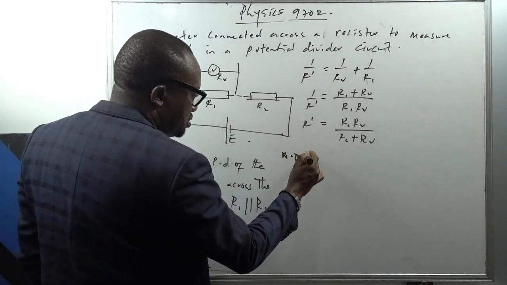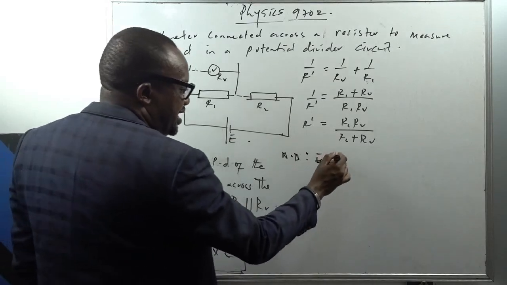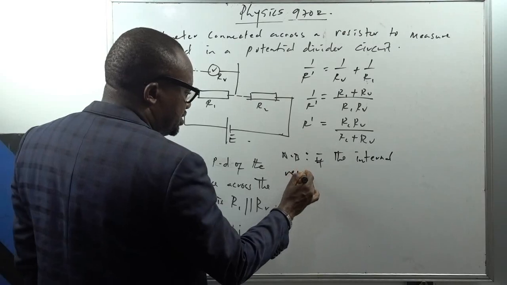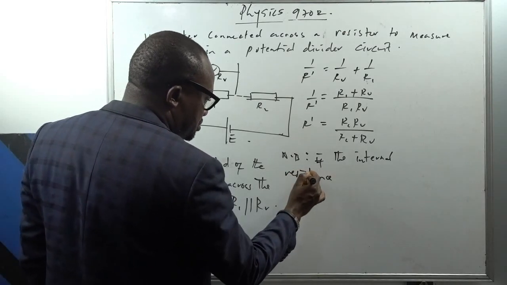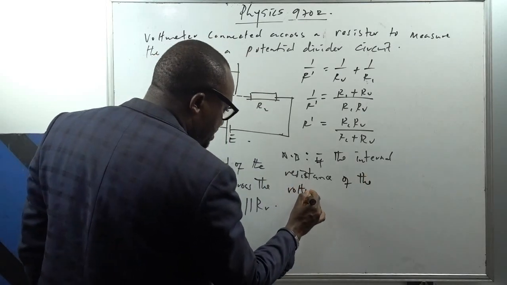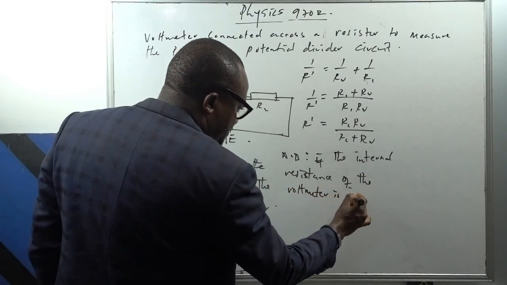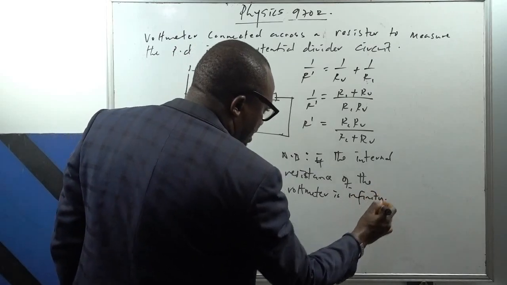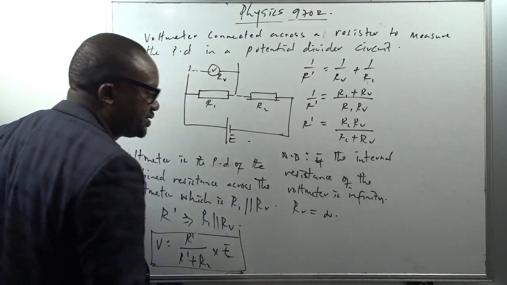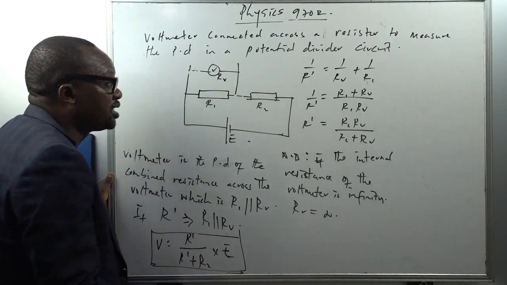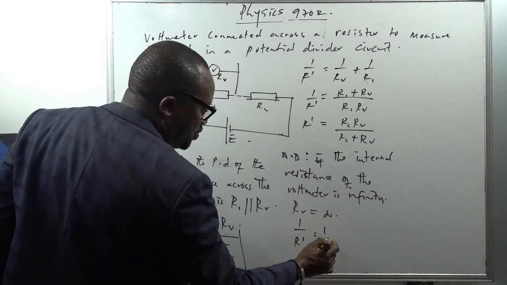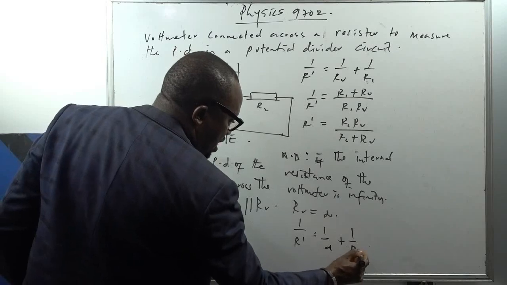Now note, if the internal resistance of the voltmeter is infinity, so R sub V is equal to infinity, then the combined resistance across the voltmeter is given by 1 over R prime equals 1 over RV, which is now infinity, plus 1 over R1.